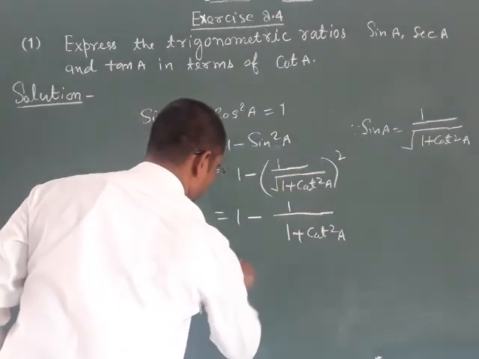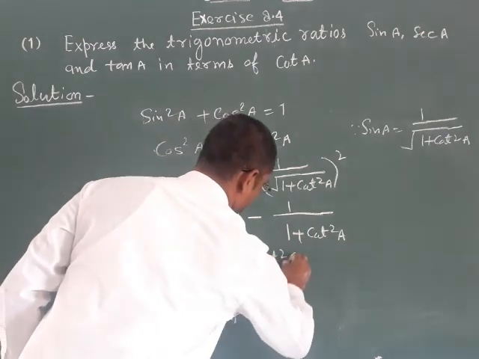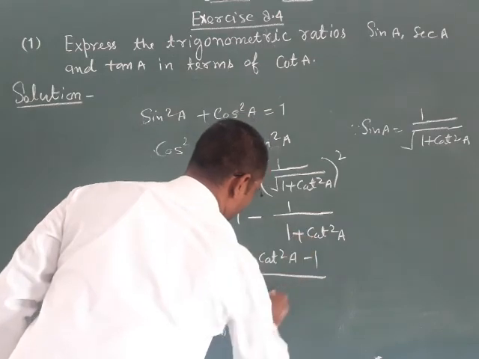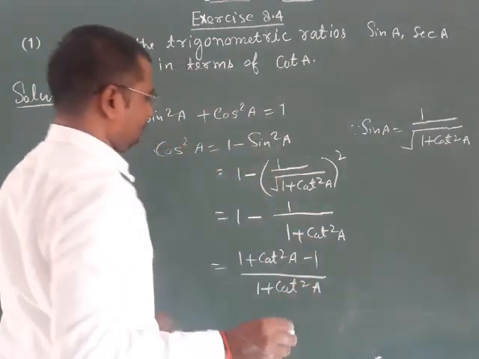Now taking LCM, 1 plus cot square A minus 1 upon 1 plus cot square A.